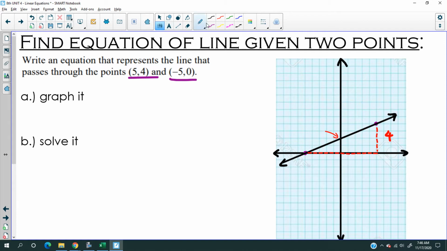So the run is 10. To the right 10, up 4. So the slope is rise over run. You see how many times I have to say that?